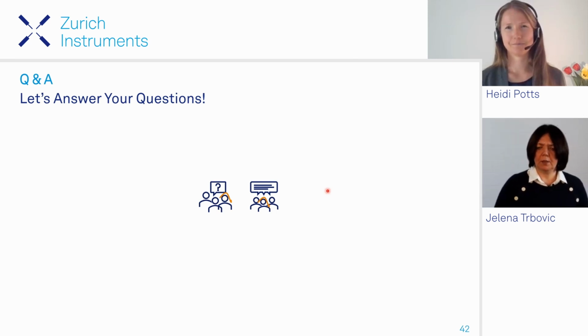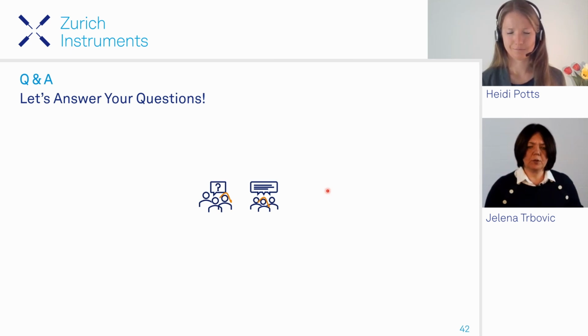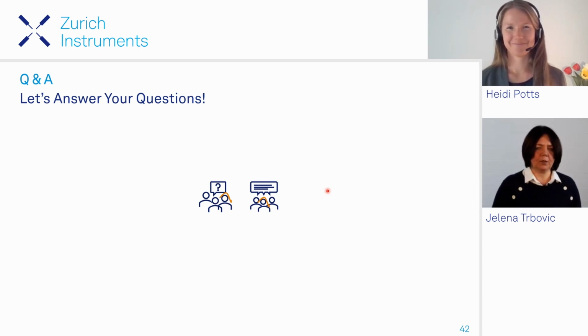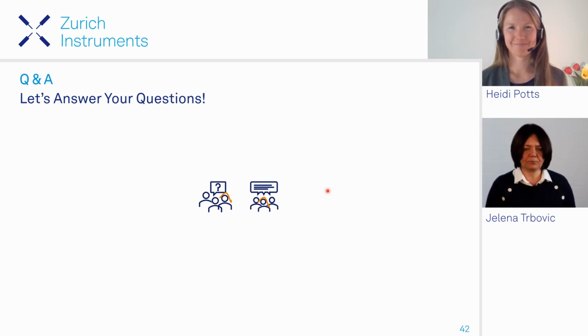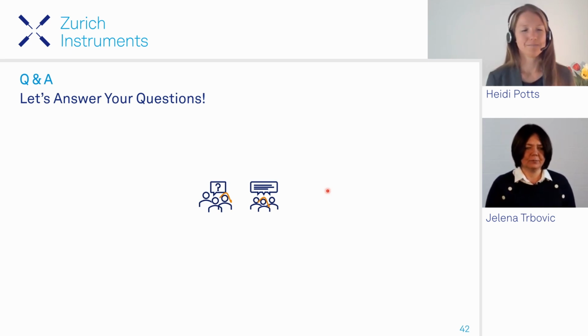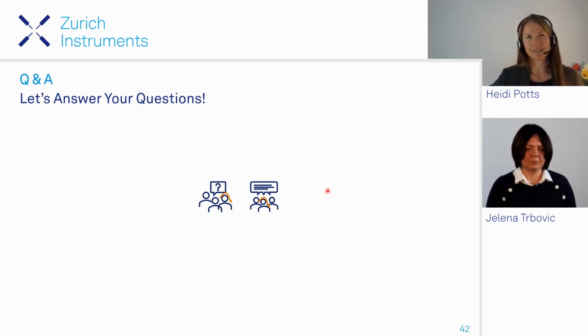Thank you, and maybe we can slowly move to a question for you, Heidi. What is the biggest application for RF reflectometry at the moment? There were a couple of choices here, but maybe you can tell us more. Yeah, qubit characterization is certainly a very big field at the moment.